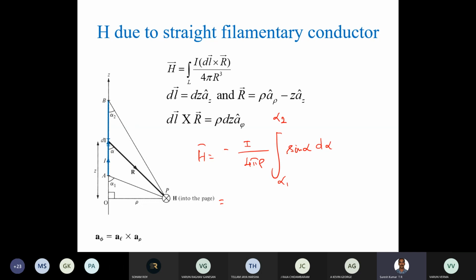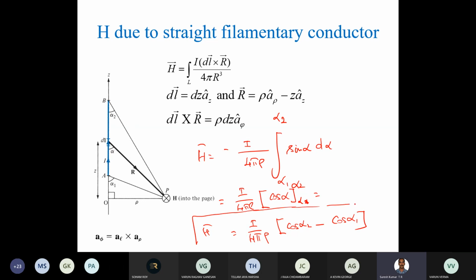Let's go with minus cos, right? Already there is a minus here, so it will be plus. So the magnetic field due to a finite line current carrying element would be I over 4 pi rho into cos alpha 2 minus cos alpha 1.